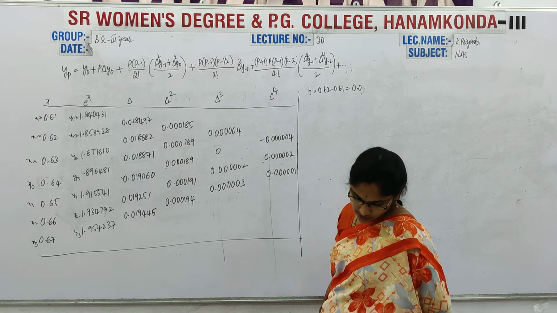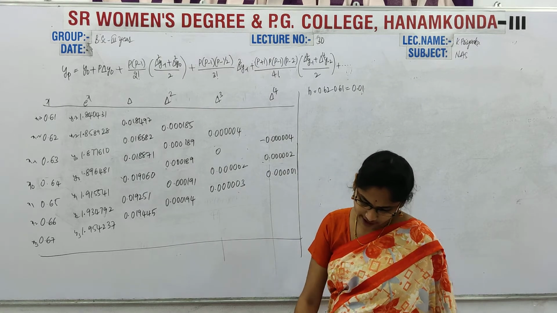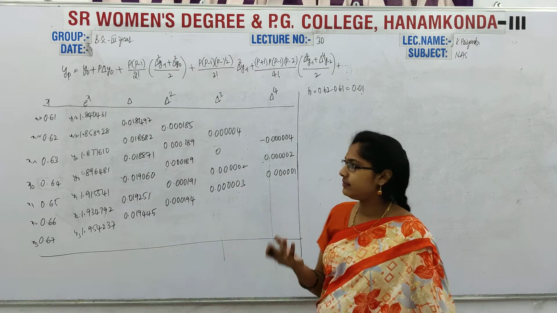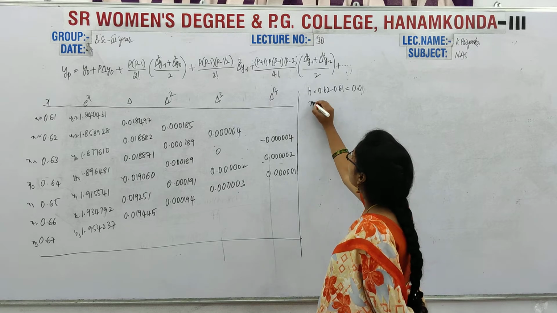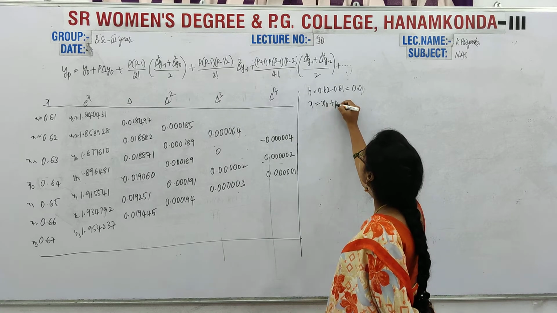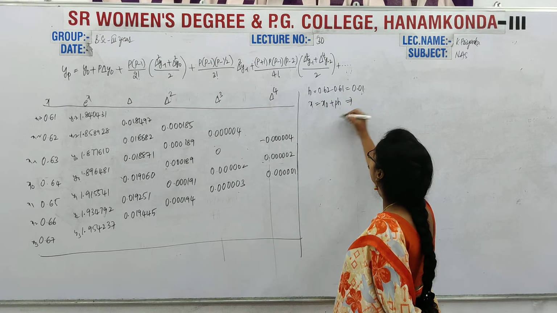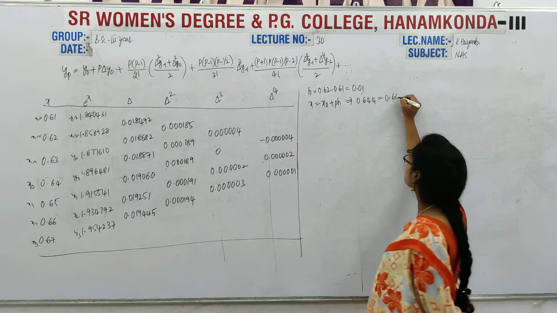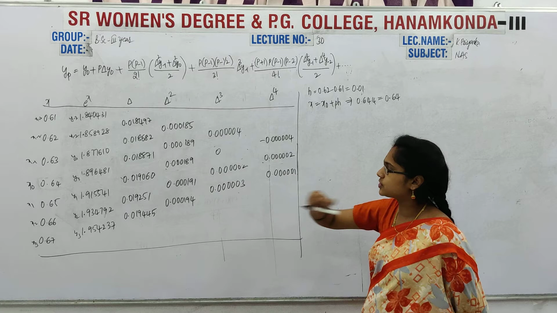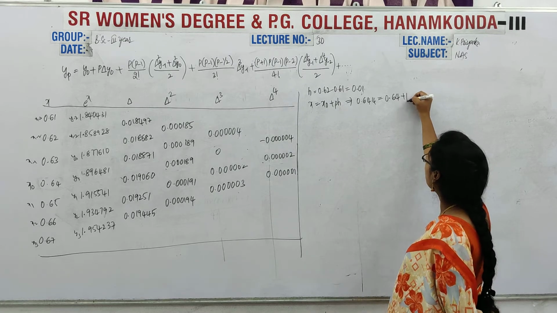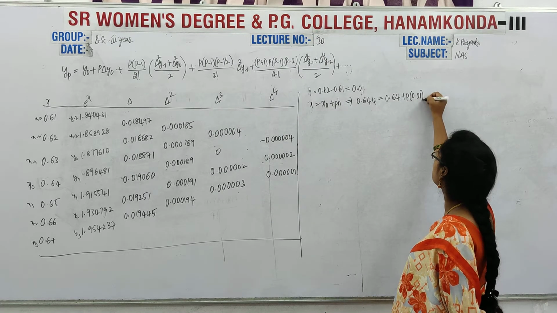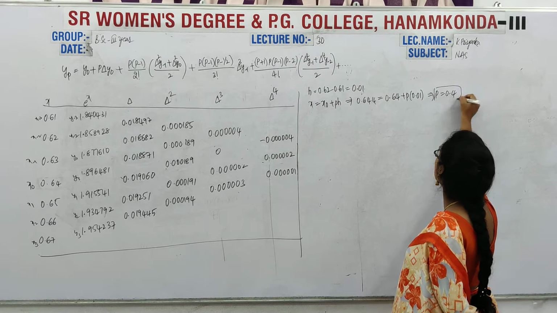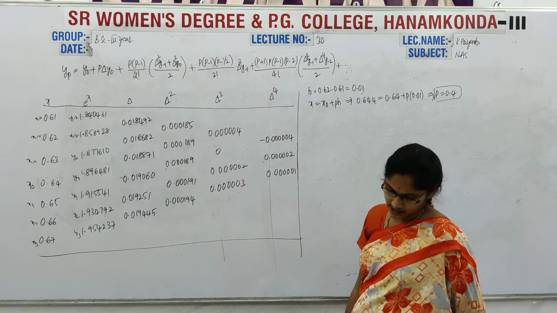Next we have to find the value of p also. x equals x naught plus p h. Therefore x is 0.644, equal to x naught 0.64 plus p into h 0.01. Therefore p is equal to 0.4. We just calculated this for Stirling.